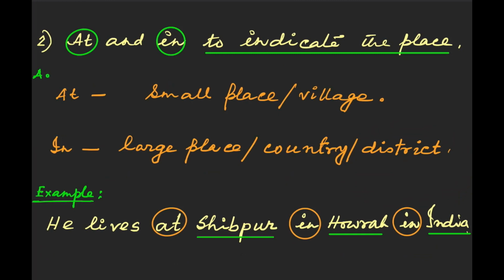Now we'll see the use of at and in to indicate the place. At is used to refer to a small place or village. But in is used to refer to a large place or a country or a district.